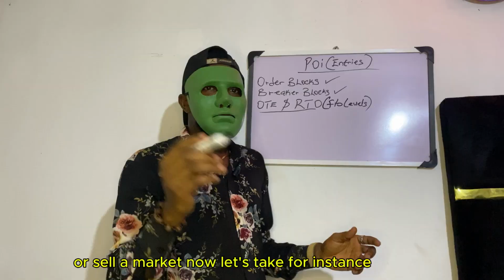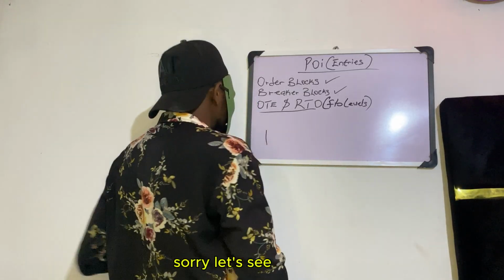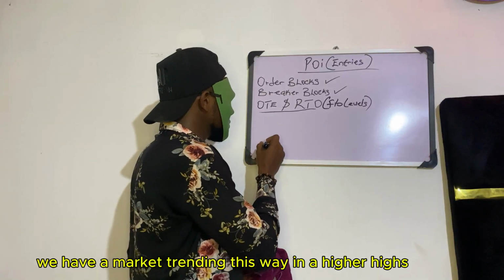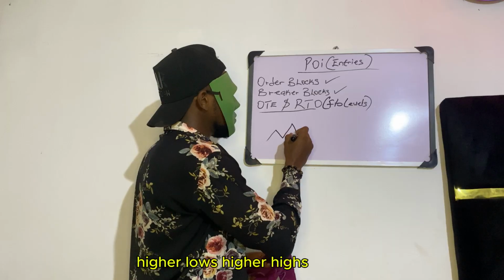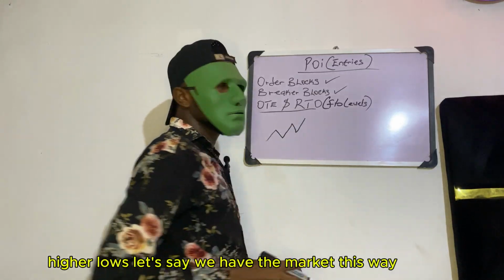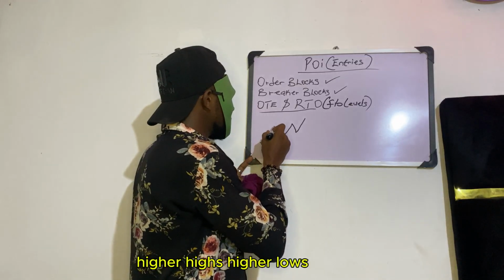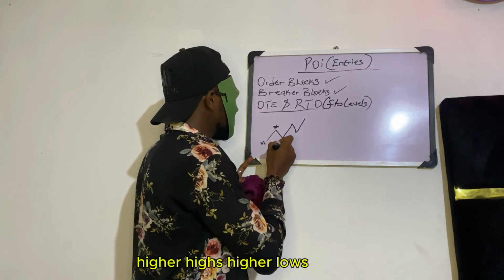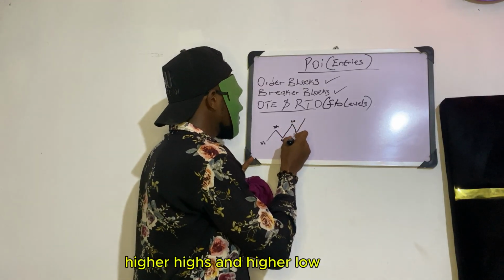Now, let's take, for instance, we have a market trending this way, in higher highs, higher lows, higher highs, higher lows, higher highs, and higher low.